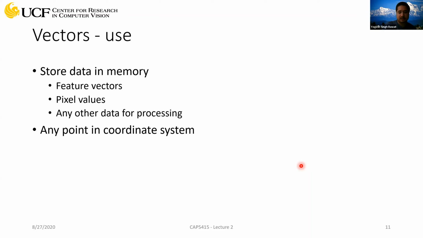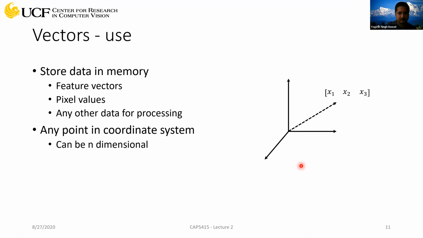Now, this vector also represents, if you have a coordinate system, any point in that coordinate system. Depending upon how many axes you have, it will have that many dimensions. So if it's a three-dimensional coordinate system, it will have 3 dimensions. So this is a point, and you can represent this point using a vector.